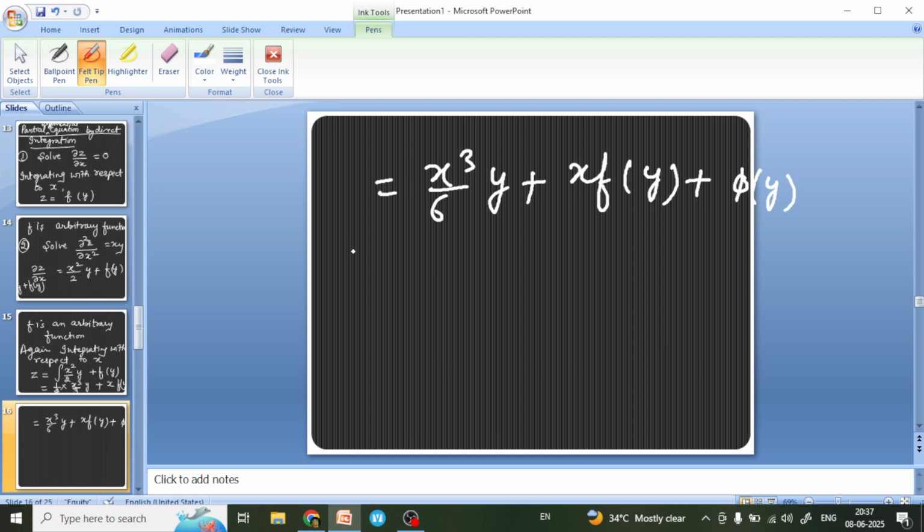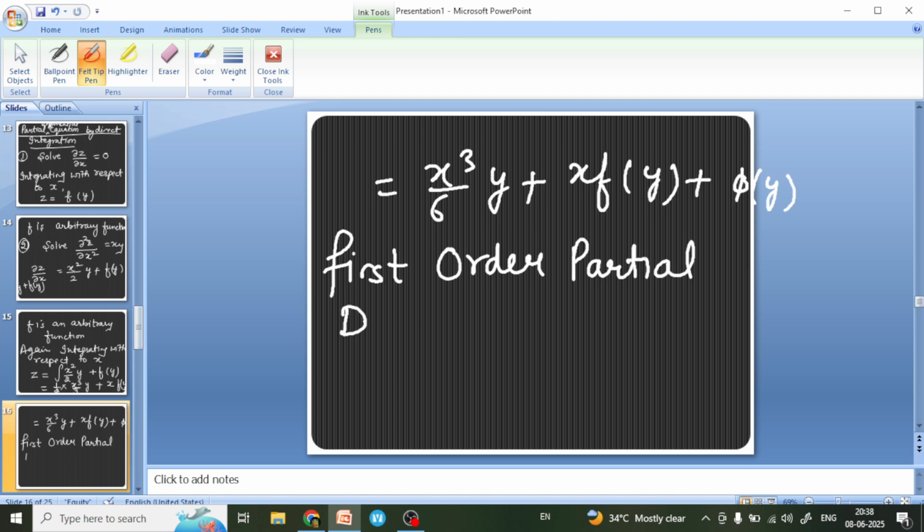Now the next topic is first order partial differential equation.